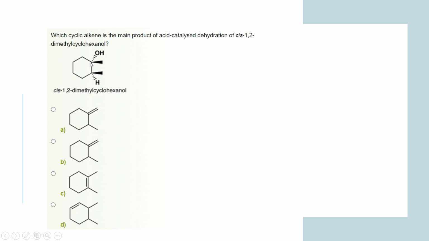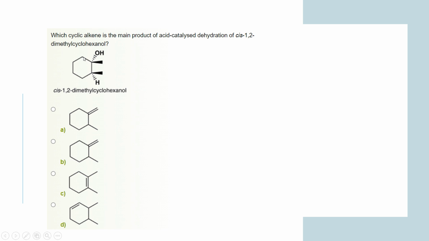Now this carbocation you have to neutralize by deprotonating it. How are we going to deprotonate? You have three possibilities now. Here you have the carbocation. Either you will deprotonate it from this carbon, or from this carbon, or from this carbon, which is this proton lying here.